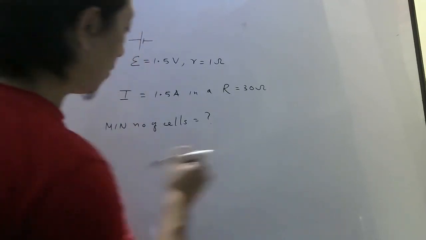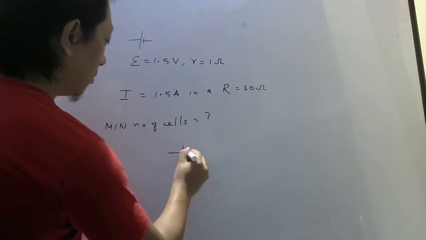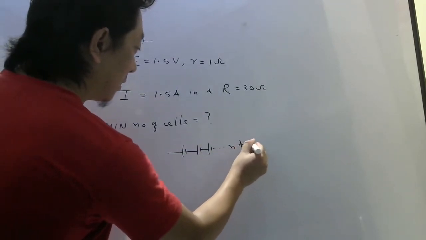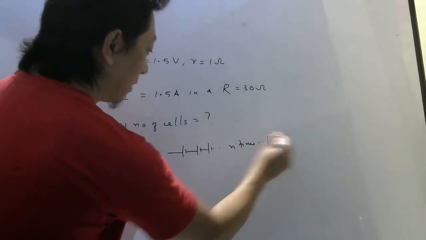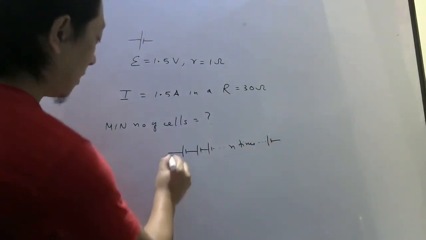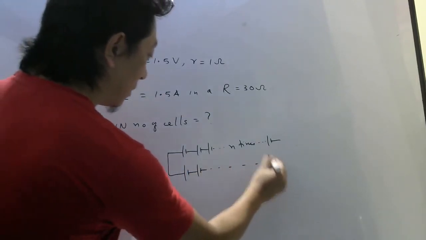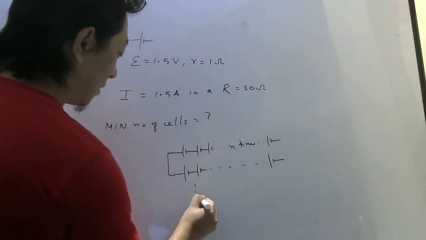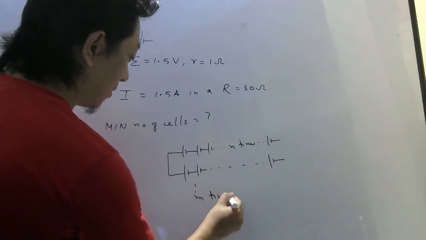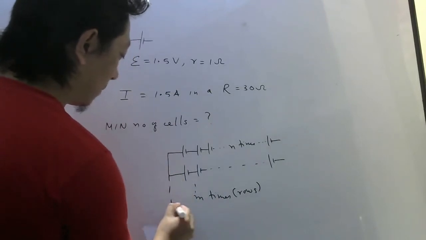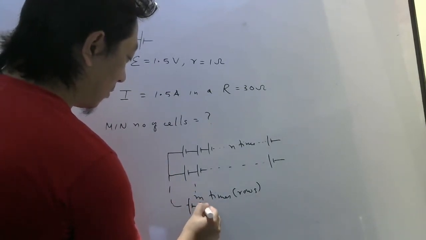So for that, what we will assume is there are n cells in series, and there are such m rows. Like this you have to imagine.